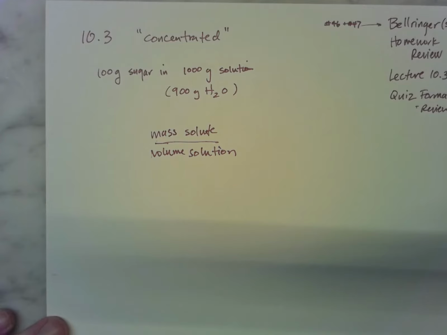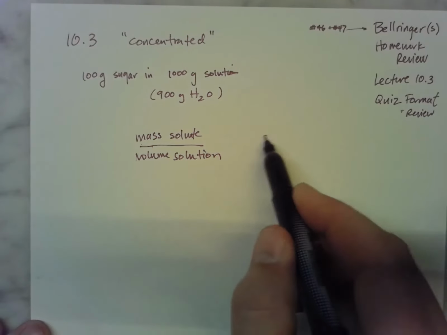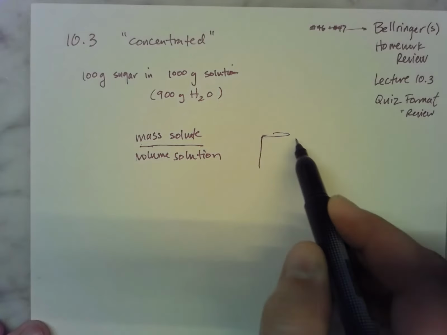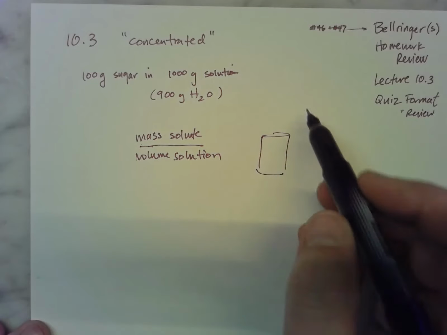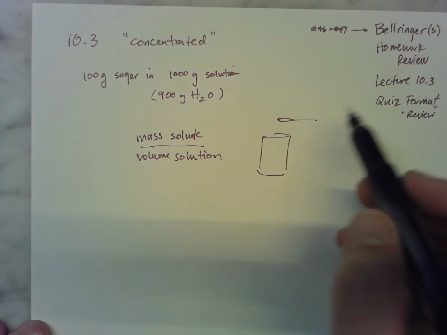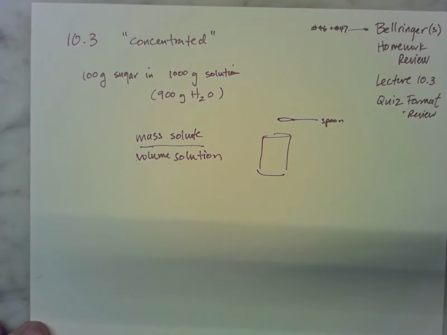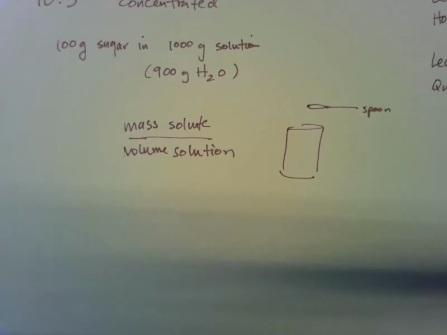Well, it's useful because it lets you measure out, what's a spoon? You got to label your pictures. You know you're not doing a very good job. Okay.